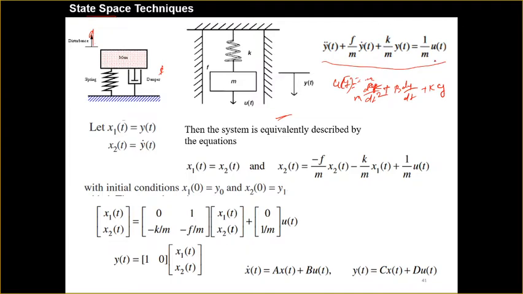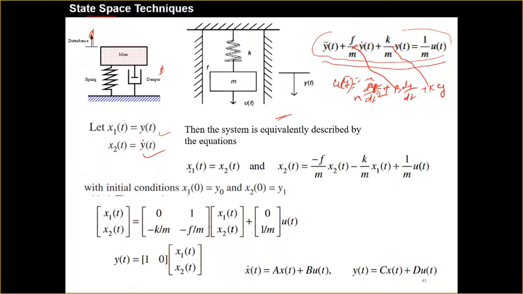So this equation is written in the form of y double dot plus f by m y dot. Here b is represented in the form of f, right? And k is the spring constant or the Hooke's constant, and we have taken the equation, right? So define the state variables x1(t) equals y(t) and x2(t) equals y dot(t).